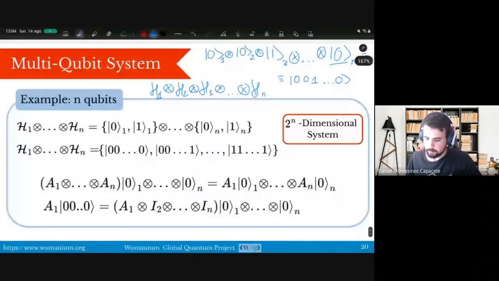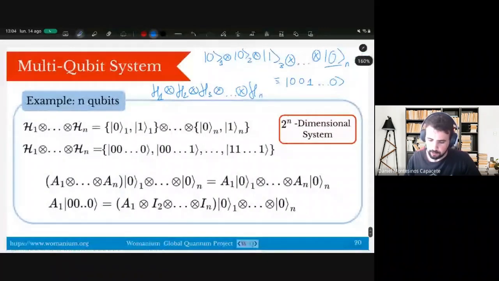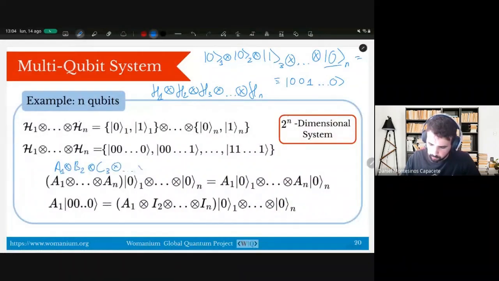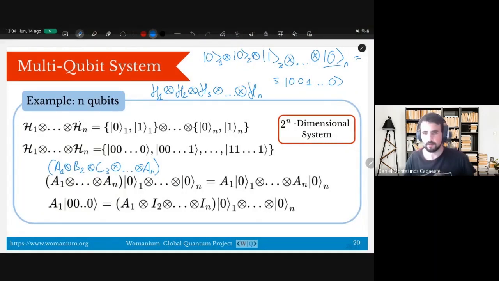Also, the same as I have said before, if you have operators, you can have A1 times another operator B2, another operator C3, times another operator An, whatever. Each of these operators is going to be acting on the corresponding qubit, the same as when we have two qubits. And here, you may also write just one operator, and in order to do that you must know which qubit the operator is acting on.